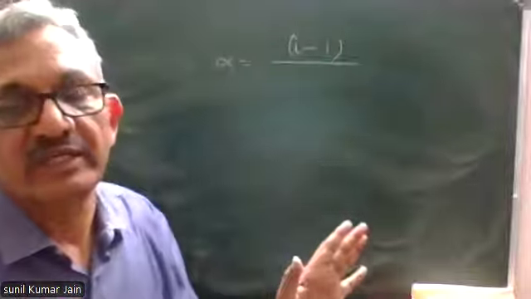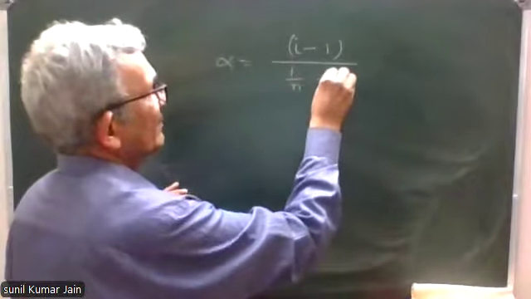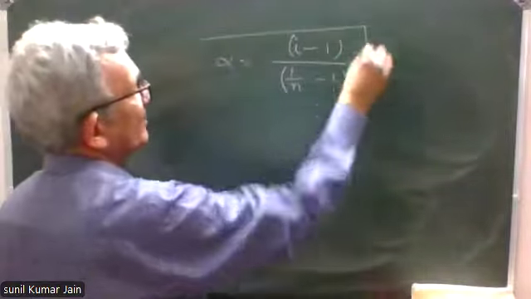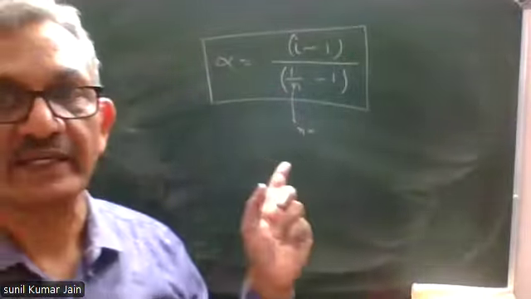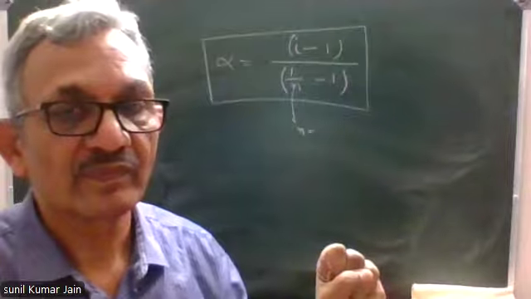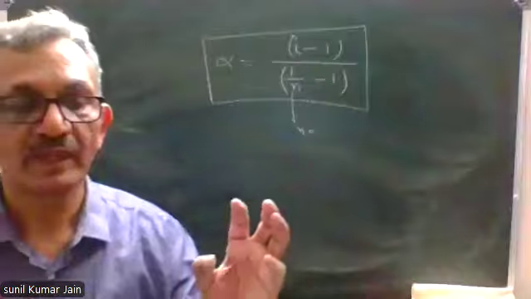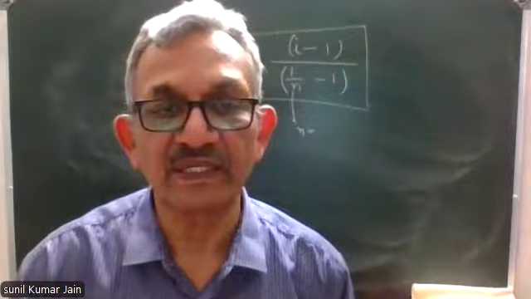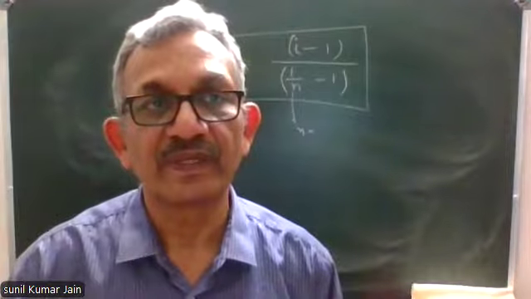There's no change in the numerator. The denominator will be different, divided by 1 by n minus 1. Now in this case, what is n? Write down: n is the number of molecules which join together to form one aggregated particle. To form one aggregated particle.